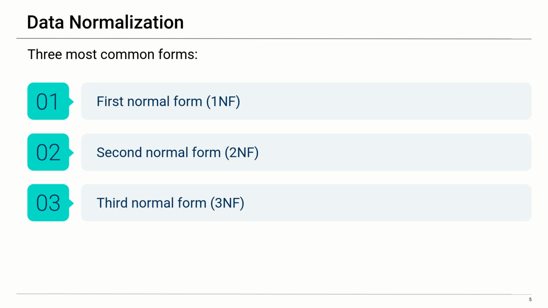So, like I said, we're going to discuss today the first 3 normal forms. The first thing to learn about these 3 normal forms is that they're sort of nested, like Russian dolls. Everything that is in the 3rd normal form is in the 2nd normal form, and everything that's in the 2nd normal form is in the 1st normal form.